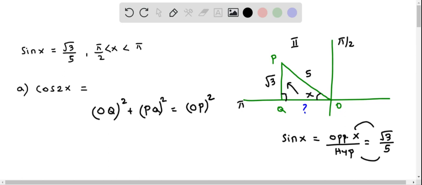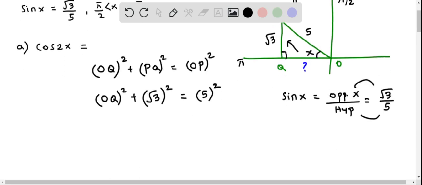Now let's replace: OQ is the one we have to determine. PQ we know is root 3, so replace PQ by root 3, root 3 squared, and this equals OP, the hypotenuse, which is 5, so 5 squared.